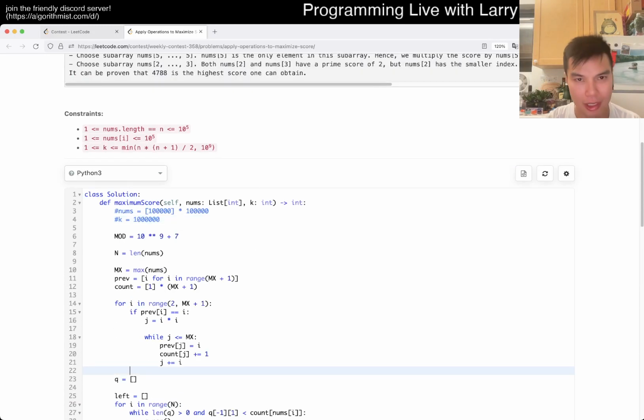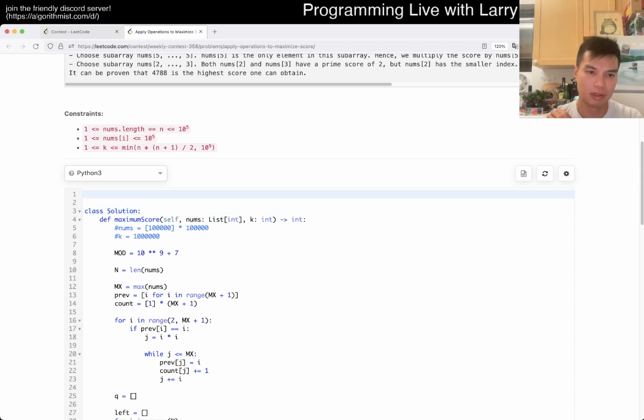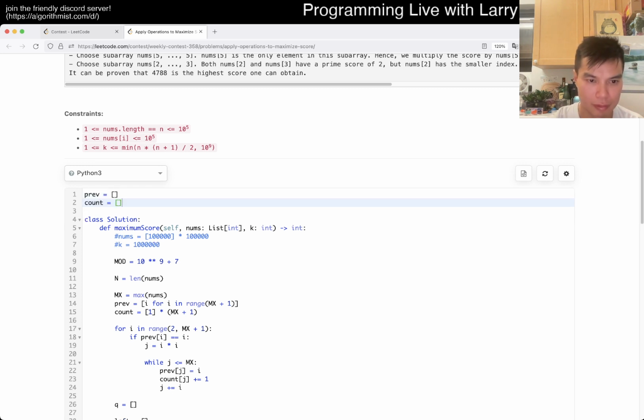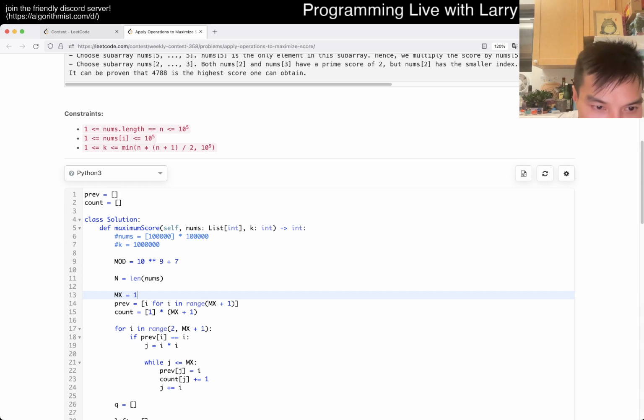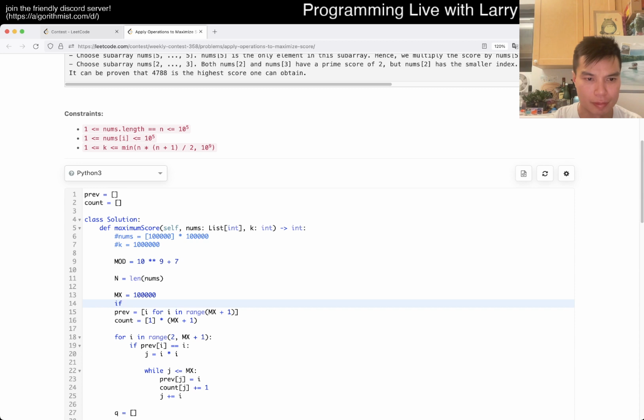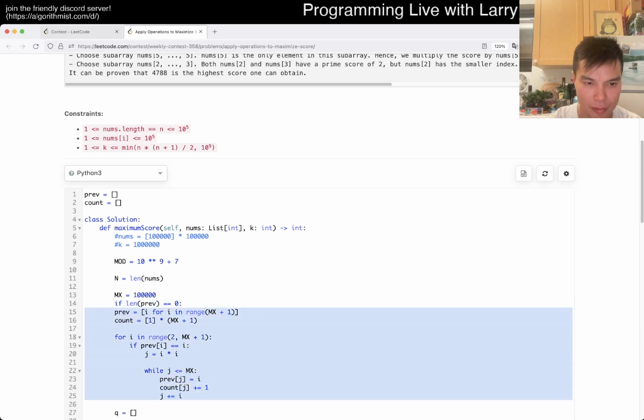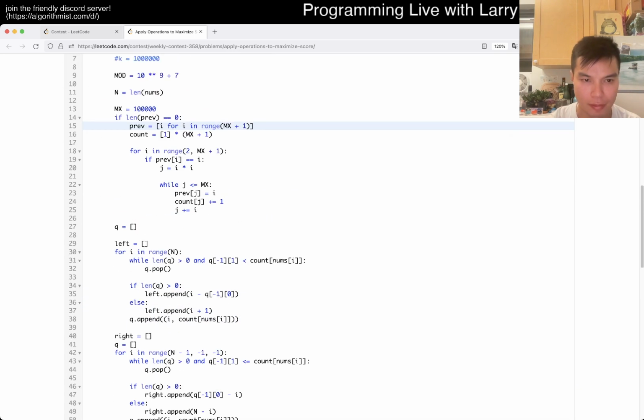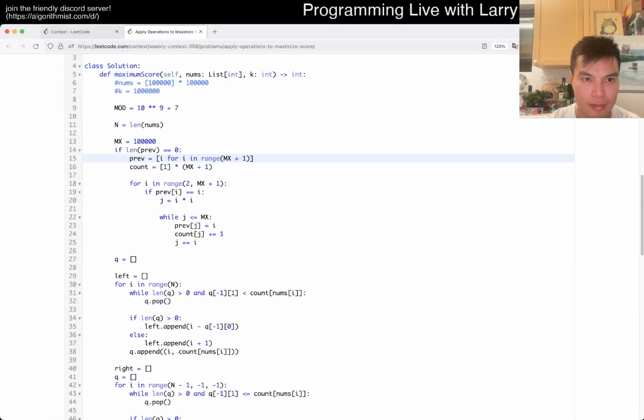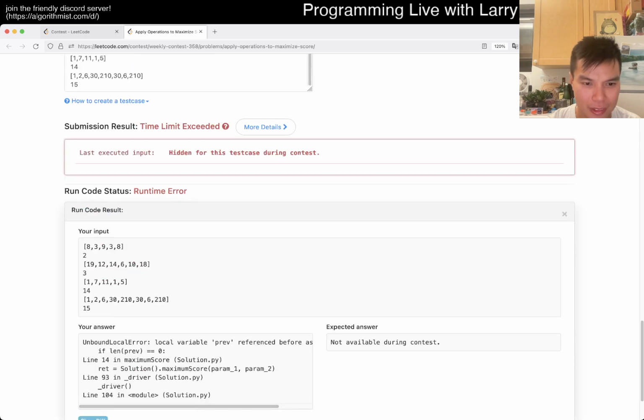How do I do this? I don't know how to. How do I do this again?